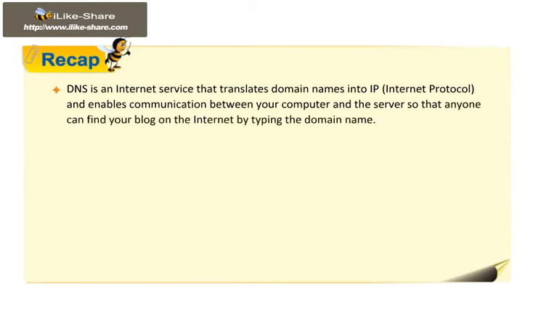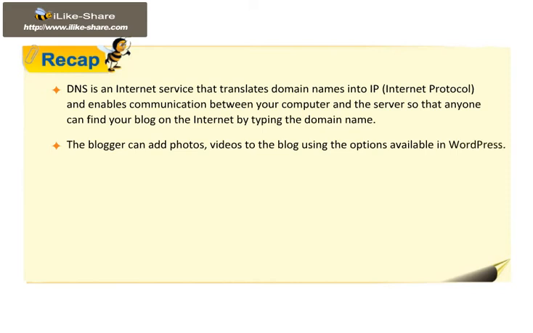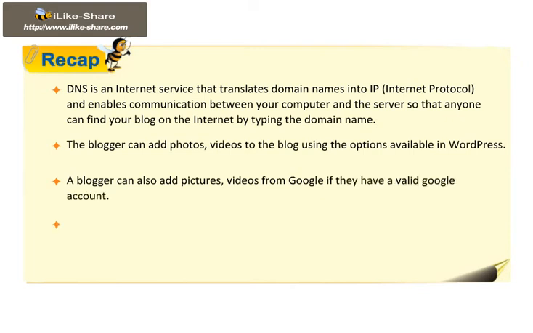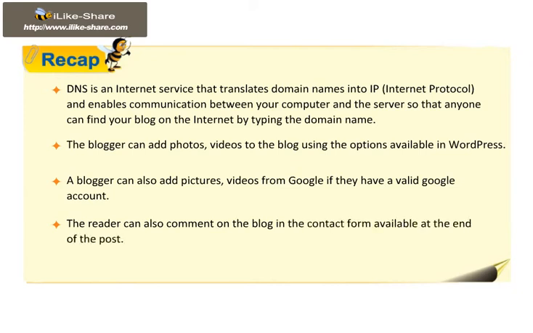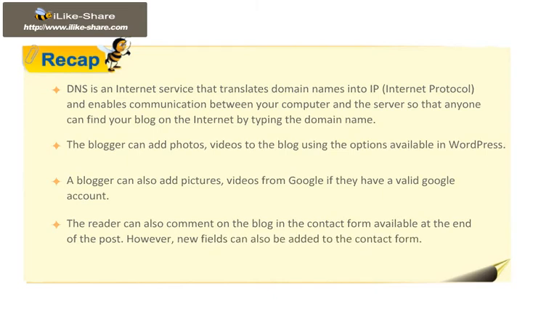The blogger can add photos, videos to the blog using the options available in WordPress. A blogger can also add pictures, videos from Google if they have a valid Google account. The reader can also comment on the blog in the contact form available at the end of the post. However, new fields can also be added to the contact form.